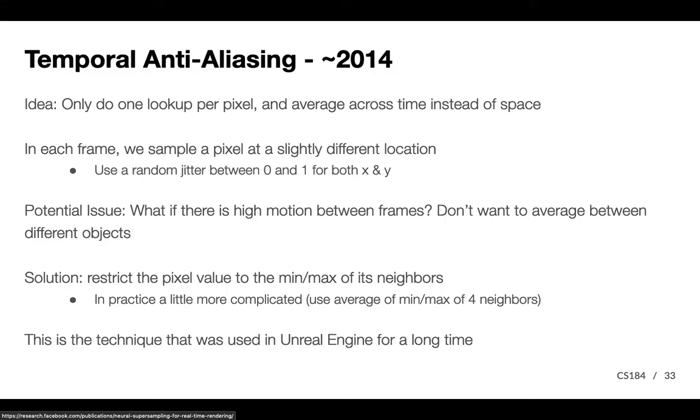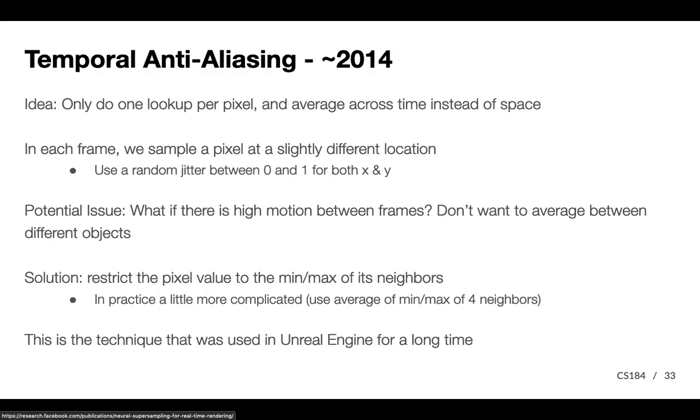We add a random jitter between 0 and 1 for both x and y, so each frame we're sampling at a slightly different location within the pixel, and then we average across the last couple frames to get an anti-aliased version. The idea being that if we don't have too much movement in the scene, or if we account for this movement, we will get multiple samples over time and a nice average, even though we only do one lookup per frame. So we get both the efficiency and hopefully some of the anti-aliasing properties.